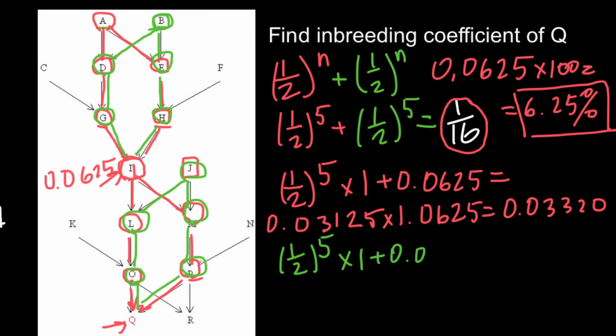So once again, 0.0 here represents the inbreeding coefficient, and the inbreeding coefficient of J would be 0. And if we multiply this number by 1, this is basically going to be the same number. That's why I'm not using this part of the formula in my previous calculations, because we didn't see that any of these individuals is inbred.